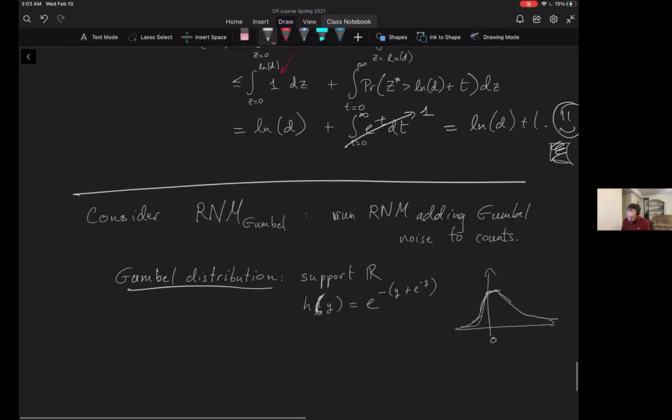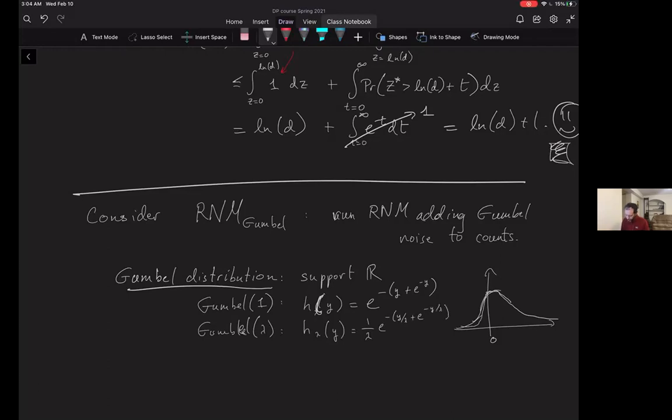And so if we call this the Gumbel 1 distribution, then the Gumbel lambda distribution is the thing that has been rescaled by lambda. So there you get 1 over lambda so that the integrals work, and e to the minus y over lambda plus e to the minus y over lambda.